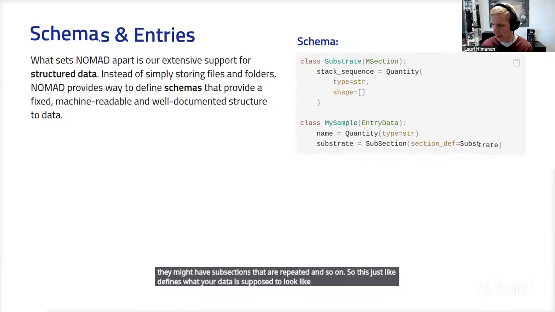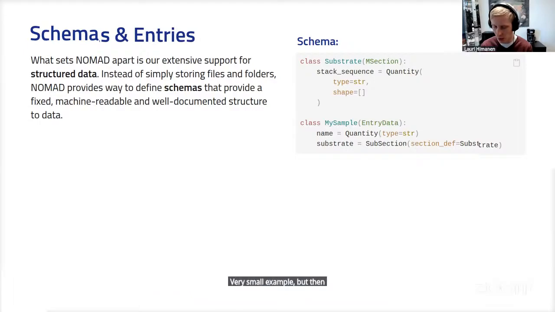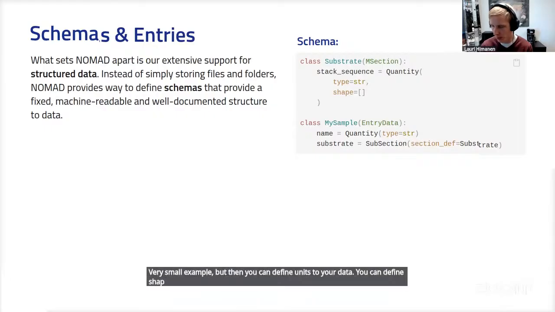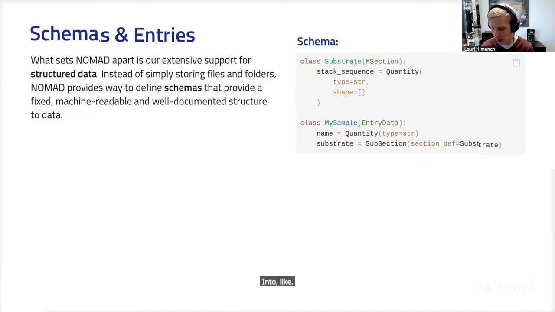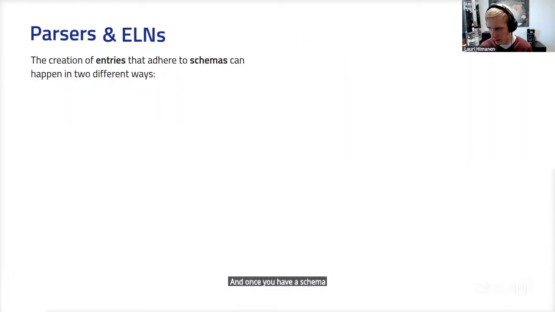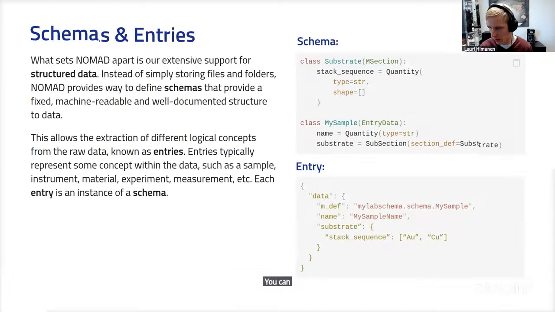Of course, this is a very small example, but then you can define units for your data. You can define shapes of numeric arrays. You can add descriptions of what these things mean. So this goes very deep into explaining what your data is about. And once you have a schema defined, you can then connect your actual data to this schema.